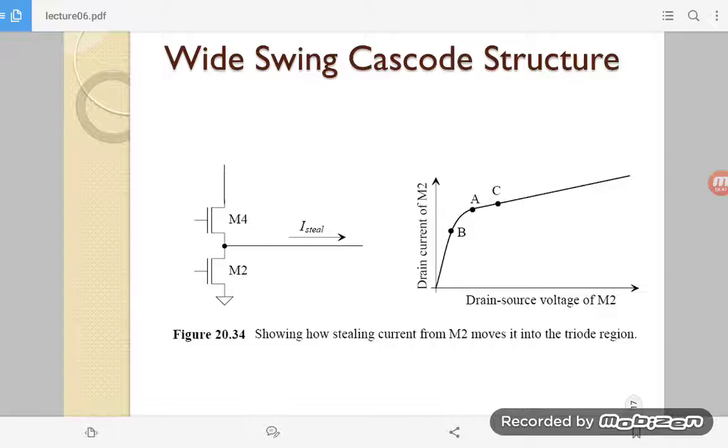So that's why sometimes it's better to have a design that sits almost at a safe point, so that even after that mismatch or device dimension change, you can still maintain saturation region operation.